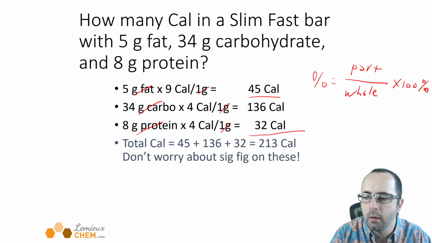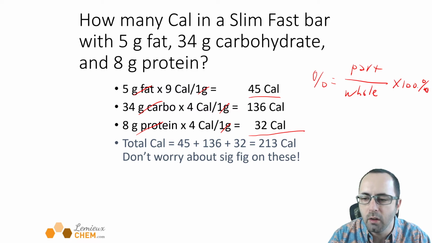So if we want to know the percentage of a particular type of calories here, we take the part that is the one we're interested in, divide it by all of the calories, which are 213, and multiply it by 100%. That's what a percent is. It's the part over the whole. You get a fraction, and you turn it to a percent.